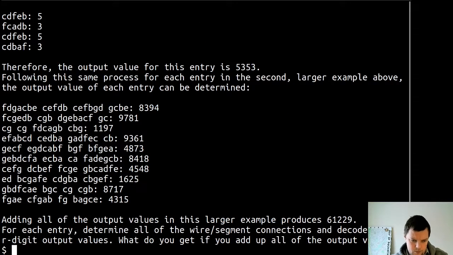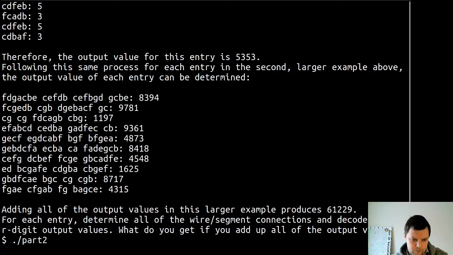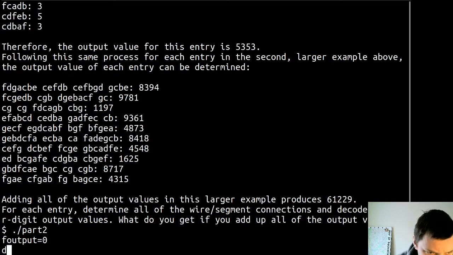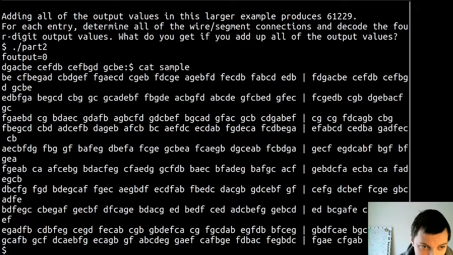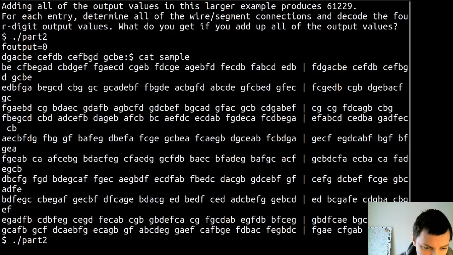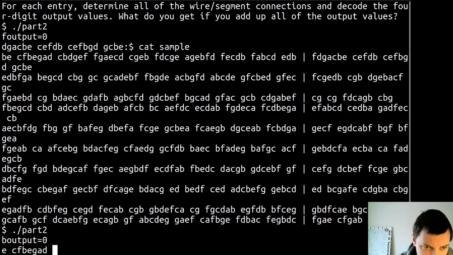Oh, I don't know what this bit said. B, CF, BE, GAD, CBD, GEF, FGA, ECD, ED, FD, CGE.